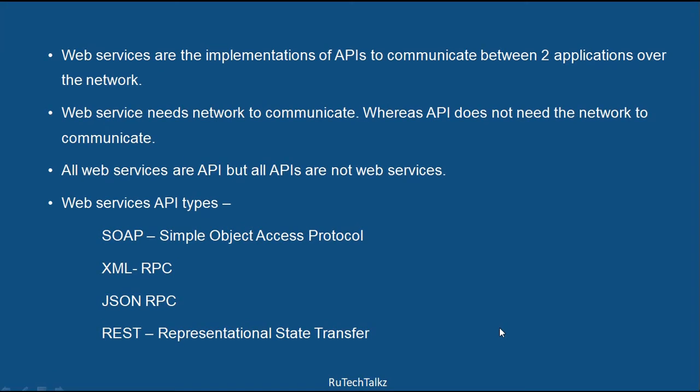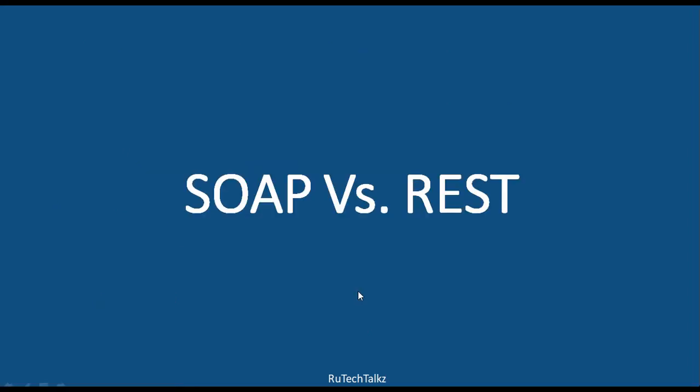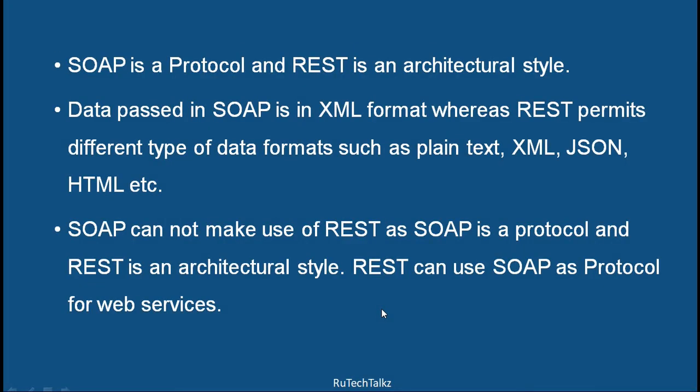Web services API types: SOAP, Simple Object Access Protocol, XML RPC, JSON RPC, and REST, Representational State Transfer. REST is the most popularly used API type these days. Let's see what is REST and what is SOAP. SOAP is a protocol and REST is an architectural style.